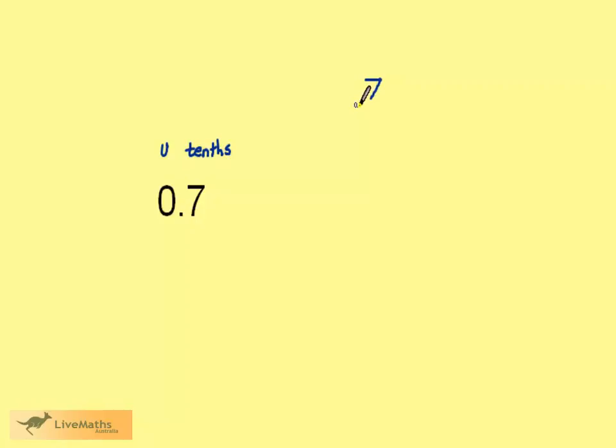We know that 7 tenths can be written as 7 over 10. This is a fraction form. So 0.7 and 7 tenths represent the same number. 0.7 we usually refer to as a decimal, but the full name for it is a decimal fraction.